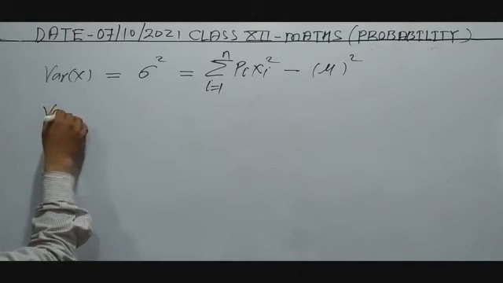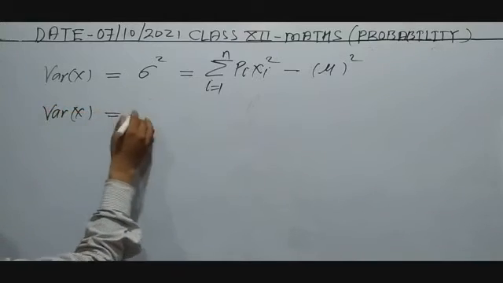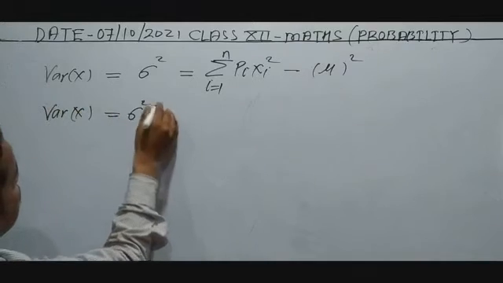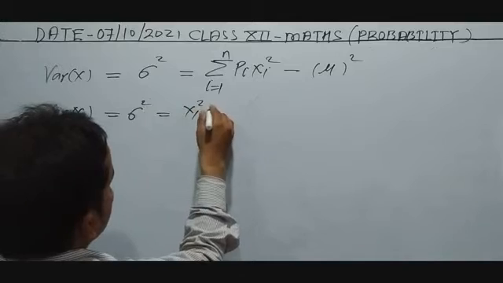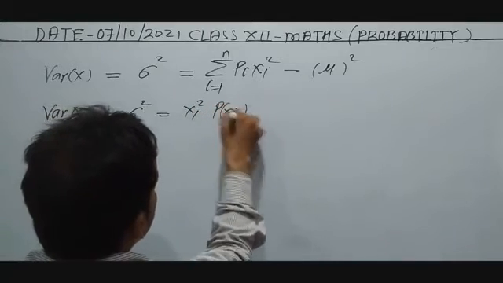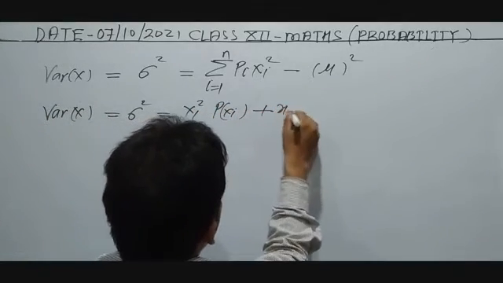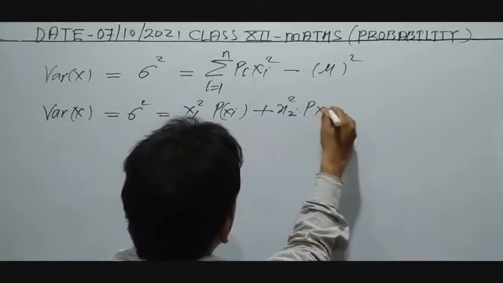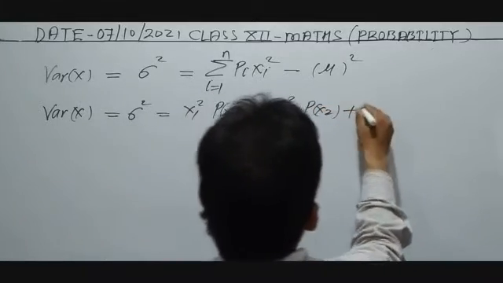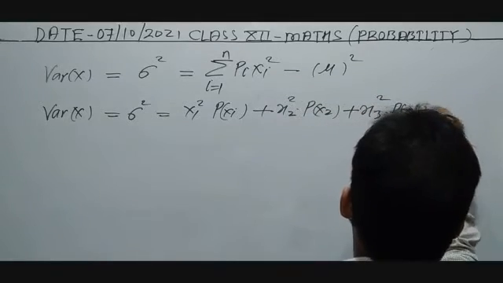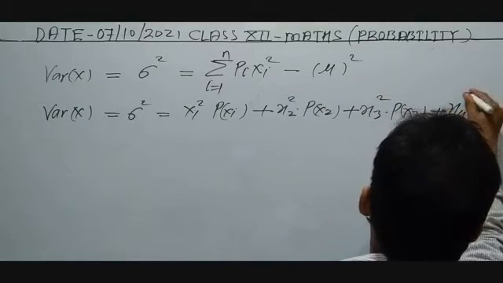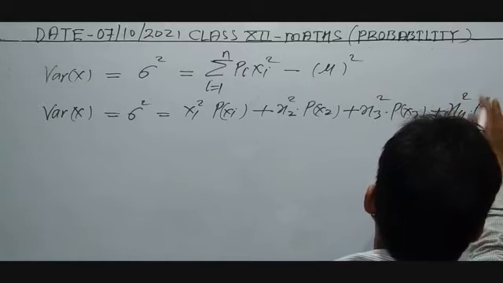So what will be its result? Variance of x, we can write sigma square, is equal to x1 square p of x1 plus x2 square p of x2 plus x3 square p of x3 plus x4 square p of x4.